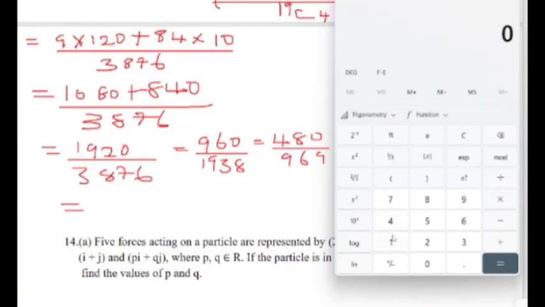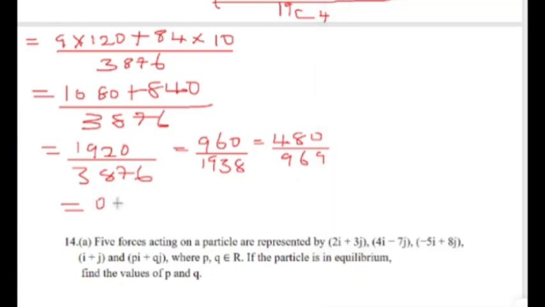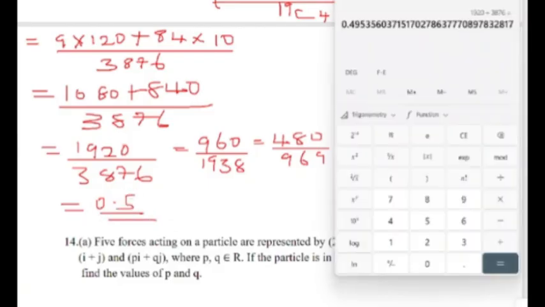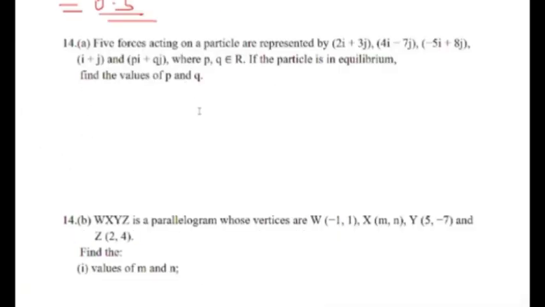If we do 1920 divided by 3876, this is basically 0.5, which is what we'll also get if we use the final simplification, 480 divided by 969. Okay, so this is it. We've solved this question entirely. Okay, question 14.